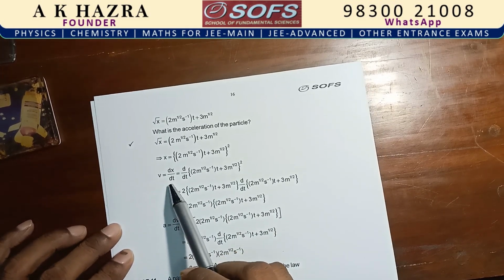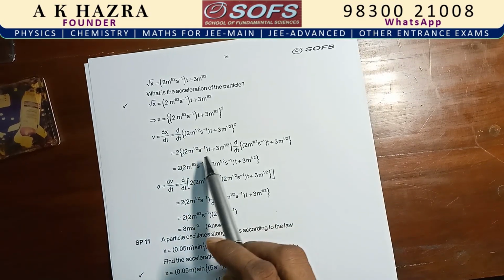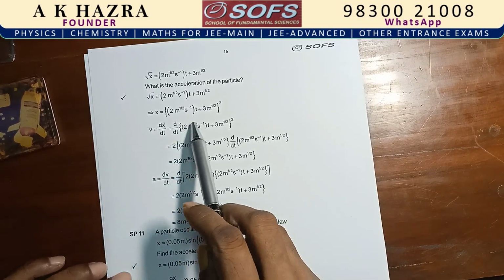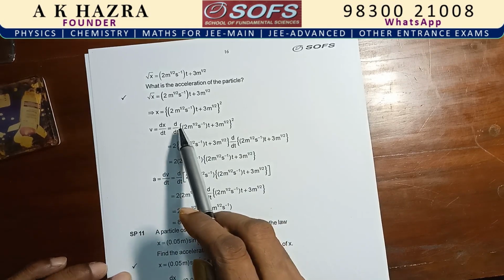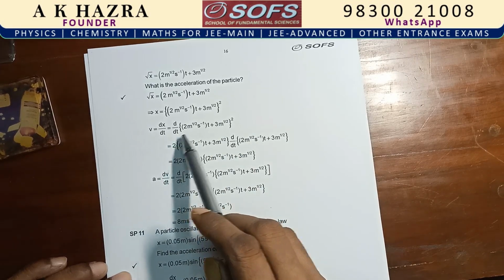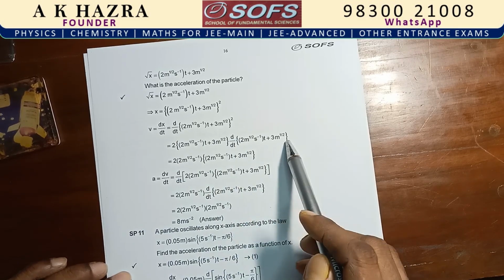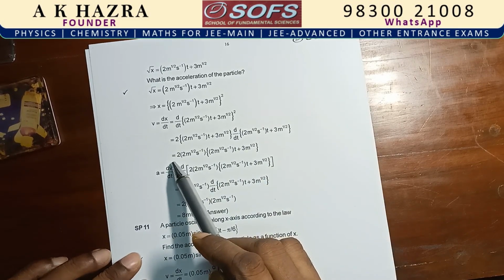So V is equal to dx/dt, is equal to d/dt of x, put the value of x. Then you see again, consider this to be z. So it is z square, so we need d/dz of z square times dz/dt.